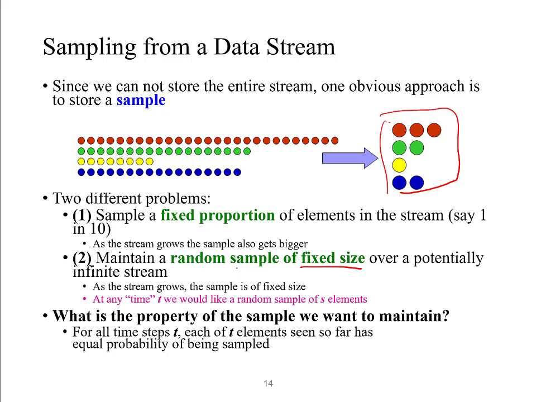And this property needs to be maintained over time. It's not only at this time, but at any time, we want any element to have an equal probability to be sampled. And this, in fact, makes this sampling difficult.